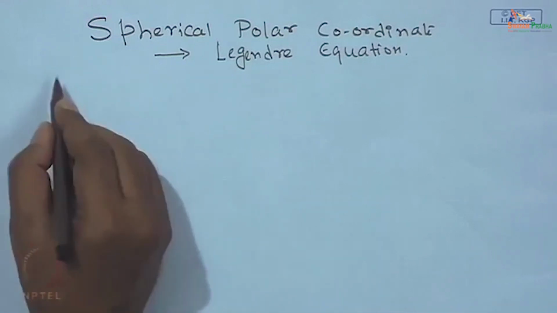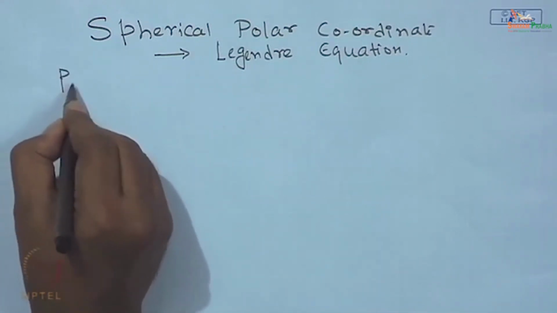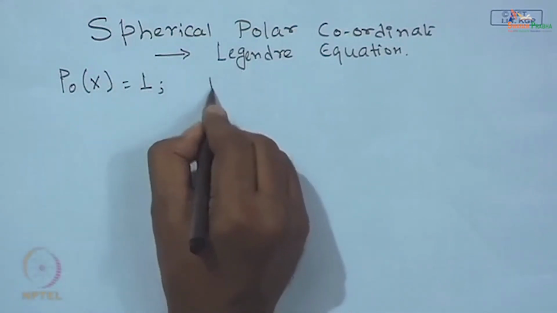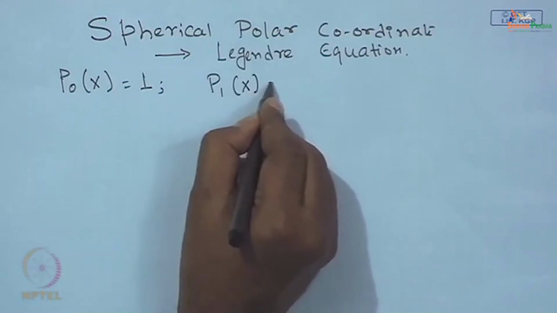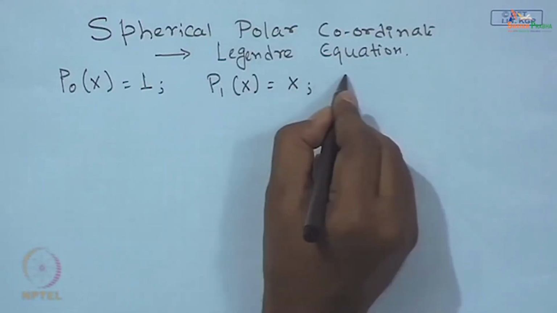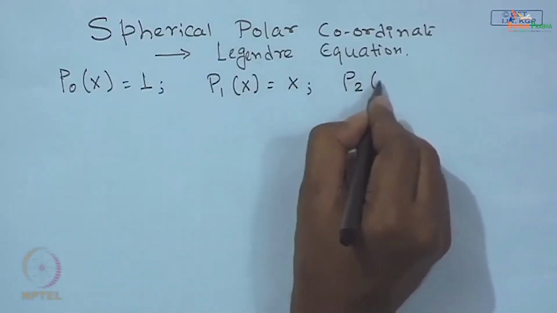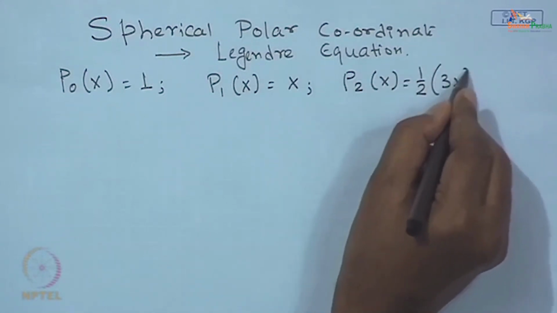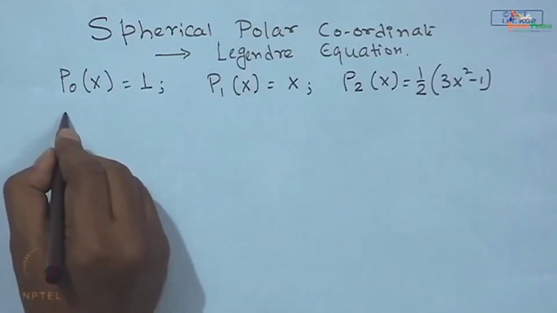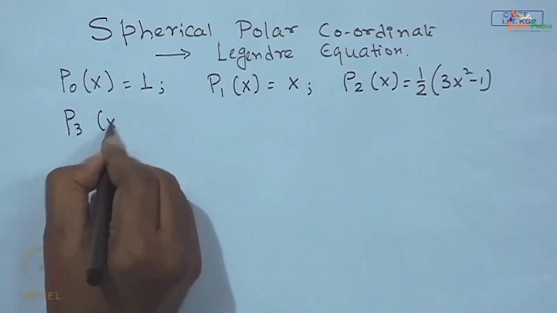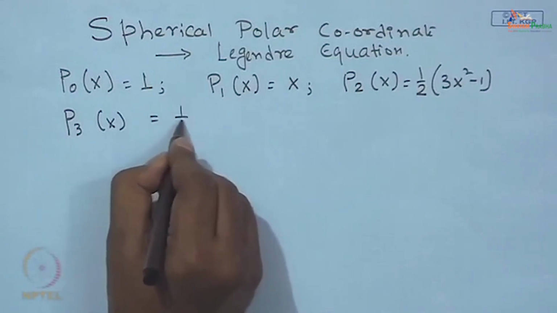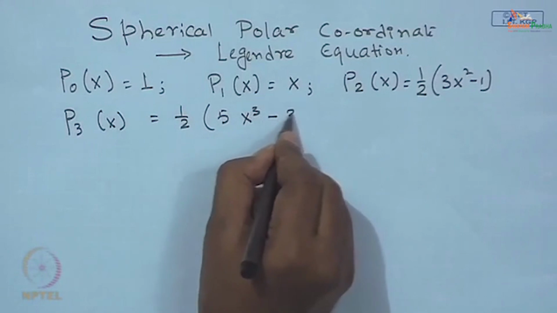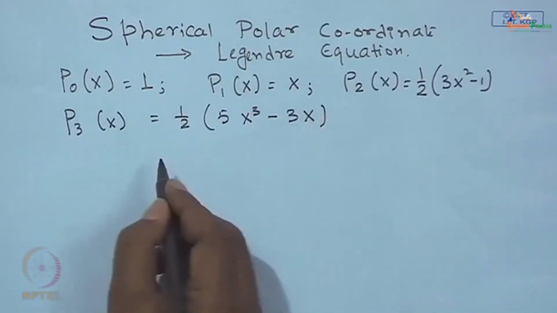Now, some more properties: P 0 x is equal to 1, P 1 x is equal to x, P 2 x is equal to half of 3 x square minus 1, P 3 x is half of 5 x cube minus 3 x.